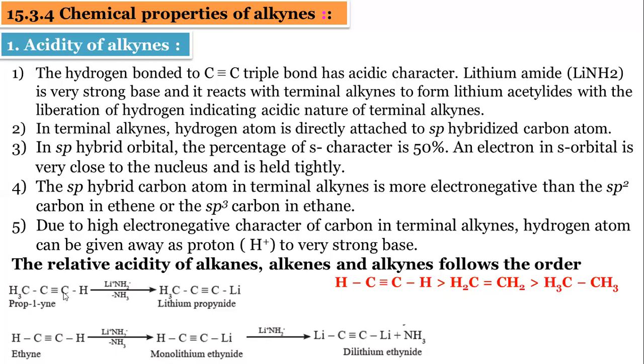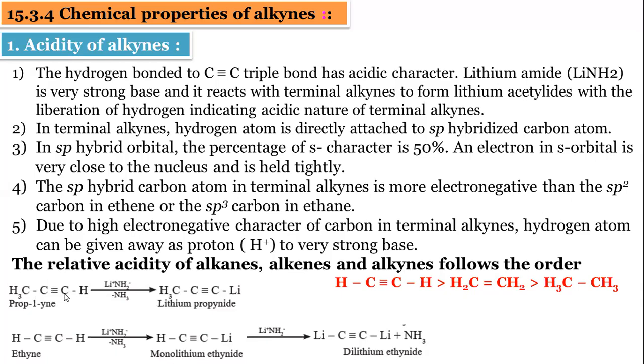This carbon is sp hybridized. Hybridization we will discuss in chapter number 6, chemical bonding. But remember, when a carbon-carbon single bond is there, the hybridization is sp3. When a carbon-carbon double bond is there, the hybridization is sp2. And when a carbon-carbon triple bond is there, the hybridization is sp.